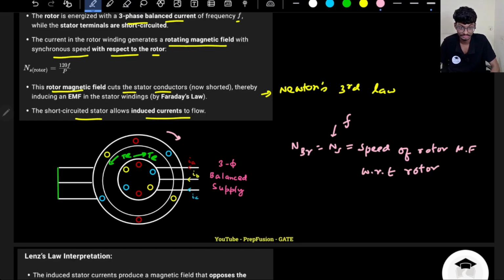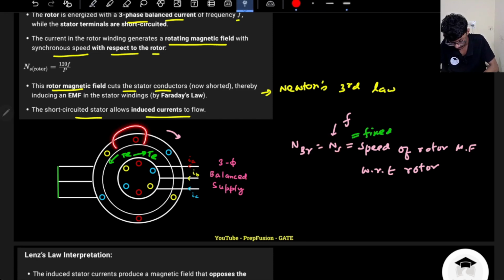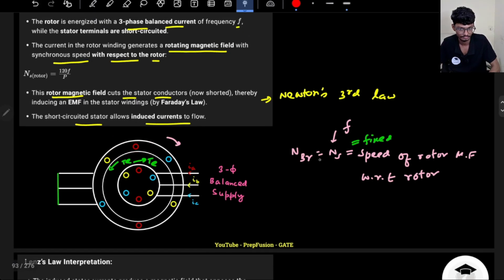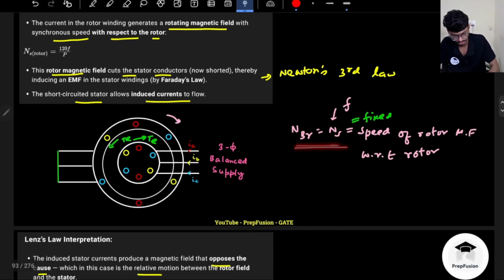Remember, the rotor this time will move, so things will change a bit here. Please keep this in mind. So this is fixed, it cannot change, because the frequency is fixed. What can change? The frequency in the stator can change. I told you it will apply a torque in the same direction as the rotating magnetic field.